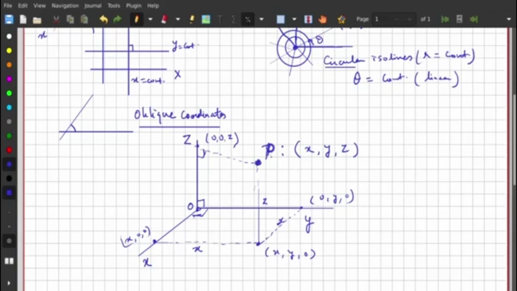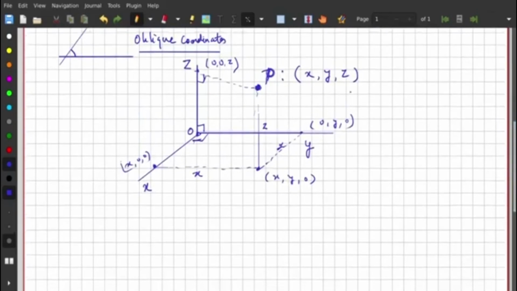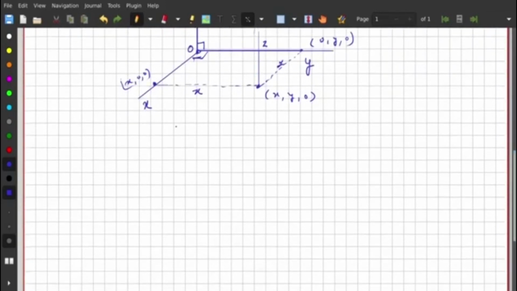The same point can be represented in a cylindrical coordinate system in a different way. So let's do the cylindrical coordinate system.